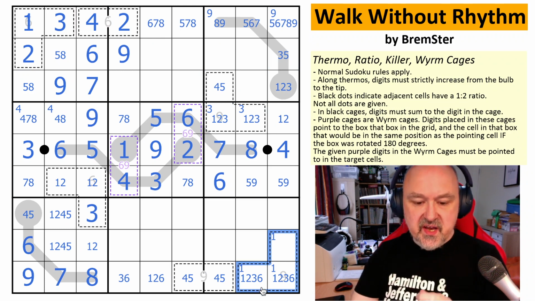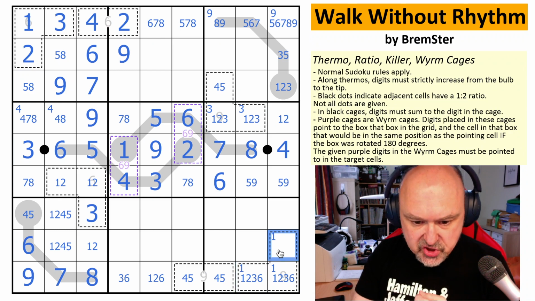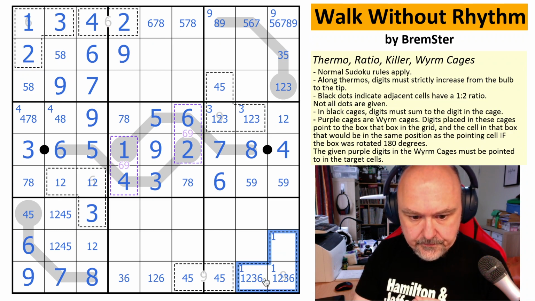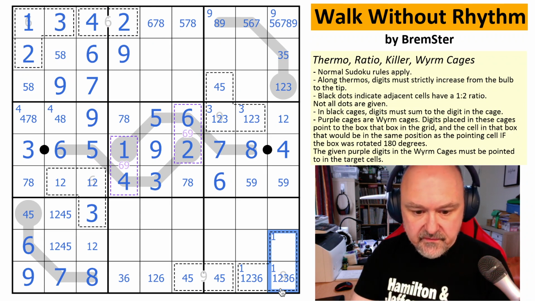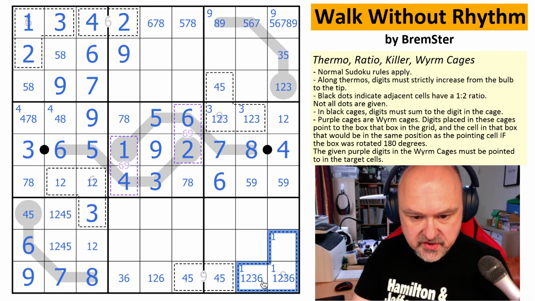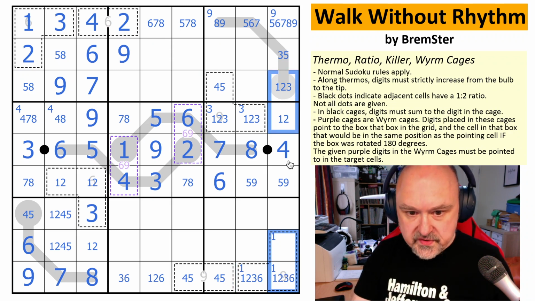In a 9 cage with a 1, I'm either using 1, 2, 6 or 1, 3, 5. Either way, there is 2 low digits in here. So I must have 2 low digits in this cage, and by low I mean 1, 2, or 3. So it's 1, 2, 6, or 1, 3, 5. Two of the digits in here are from 1, 2, or 3. If I put them both here, this column is broken because I've got 4 cells from 1, 2, 3.